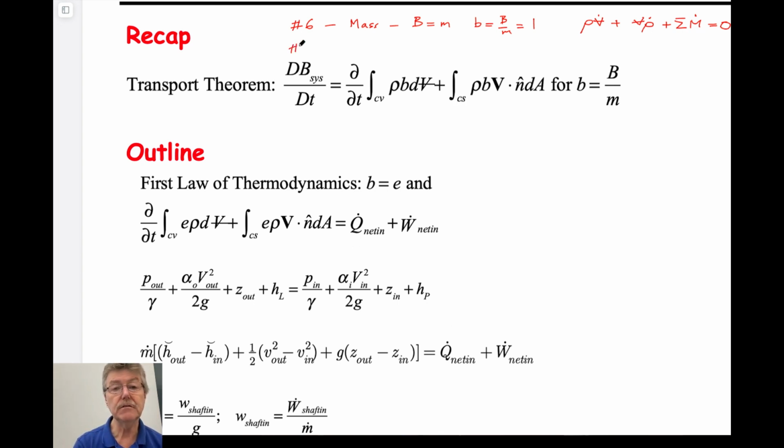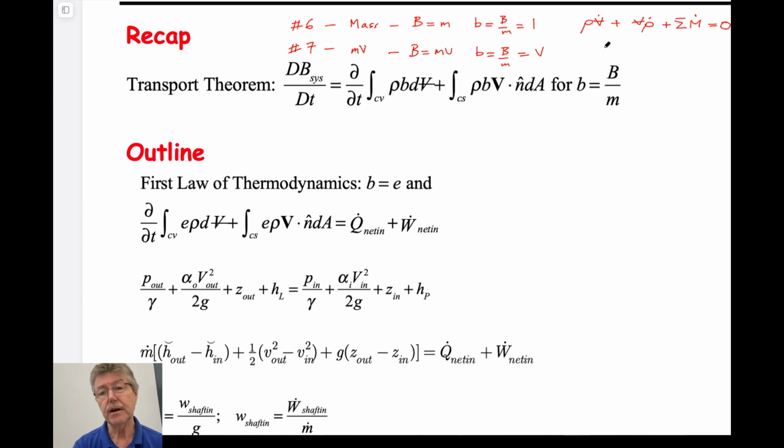Week number 7, for most of it, we were looking at conservation of momentum. V here, not volume. And so for that, our extensive property was equal to mass times velocity. Our lowercase b was equal to, again, B over m, which was just velocity.